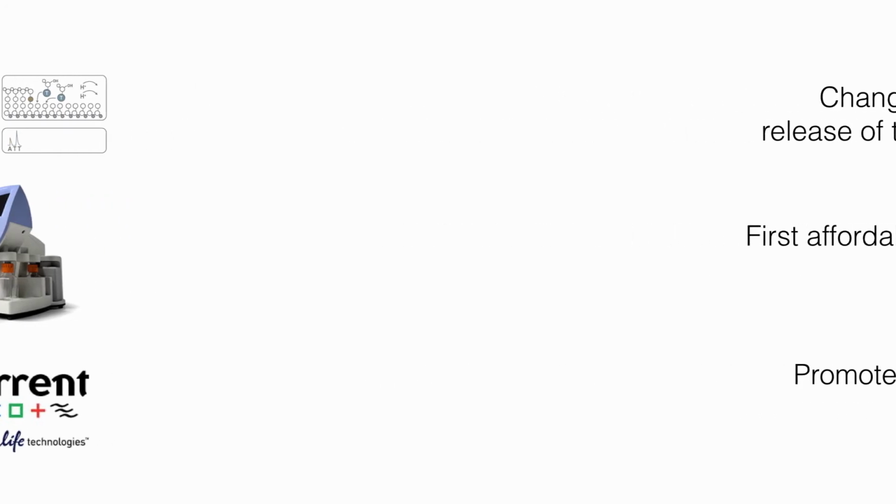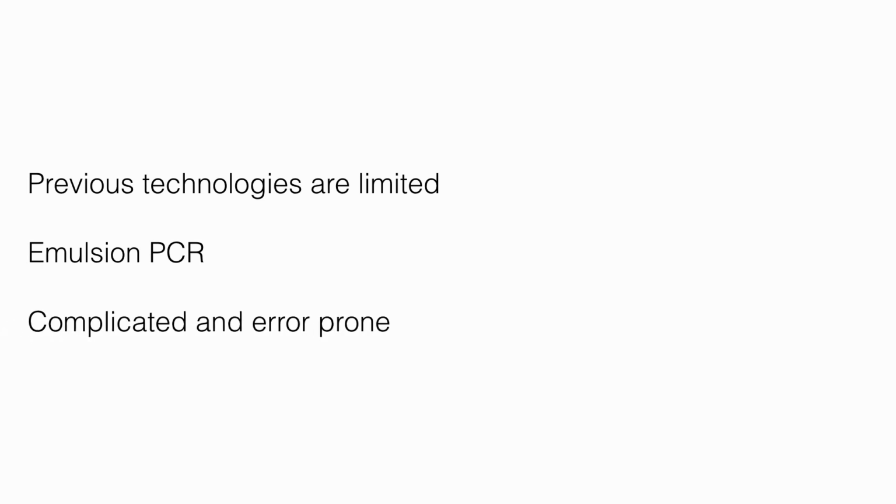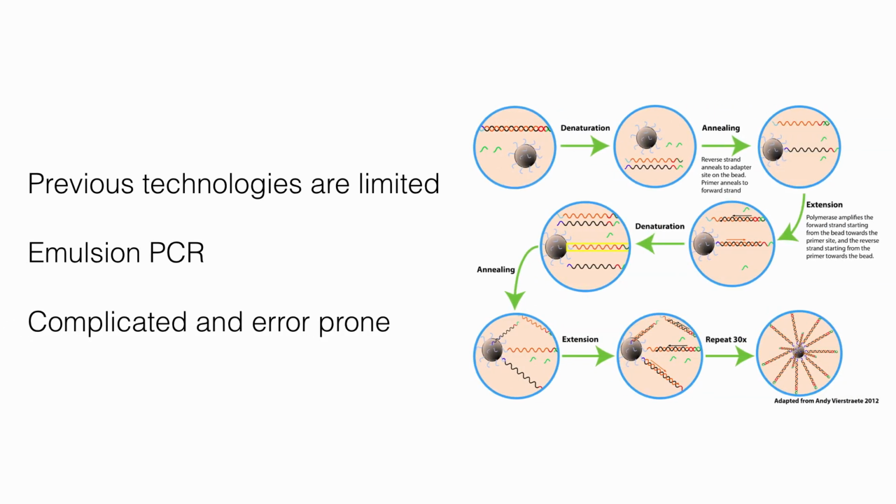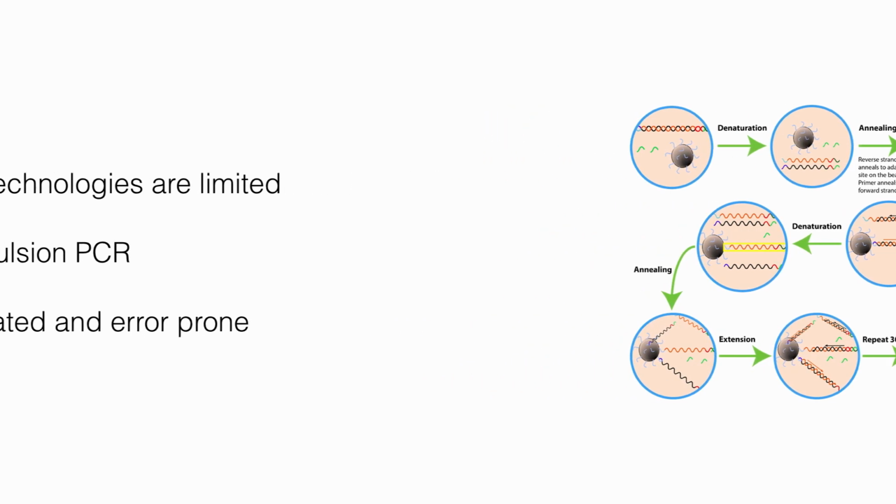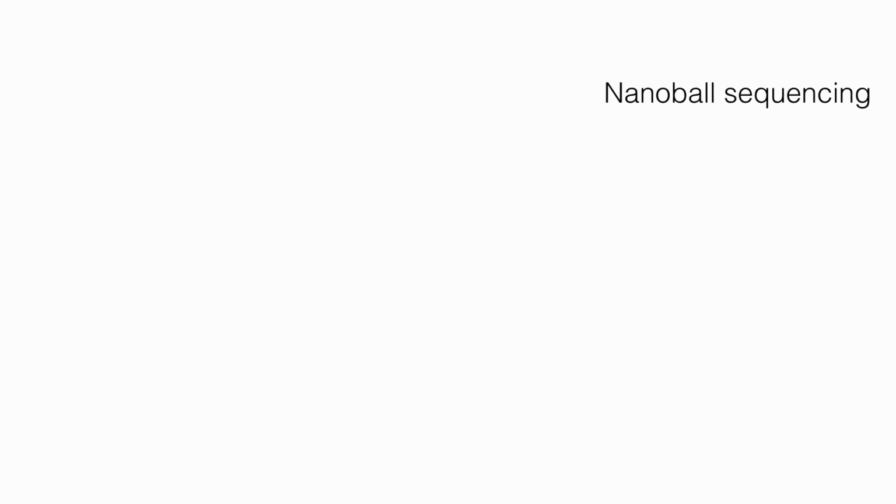The previous technologies are limited by several factors. One of them is the use of Emulsion PCR, which is a complicated and error-prone process. Instead of beads in the Emulsion PCR, nanoball sequencing uses rolling circle replication to amplify small genomic fragments into nanoballs.